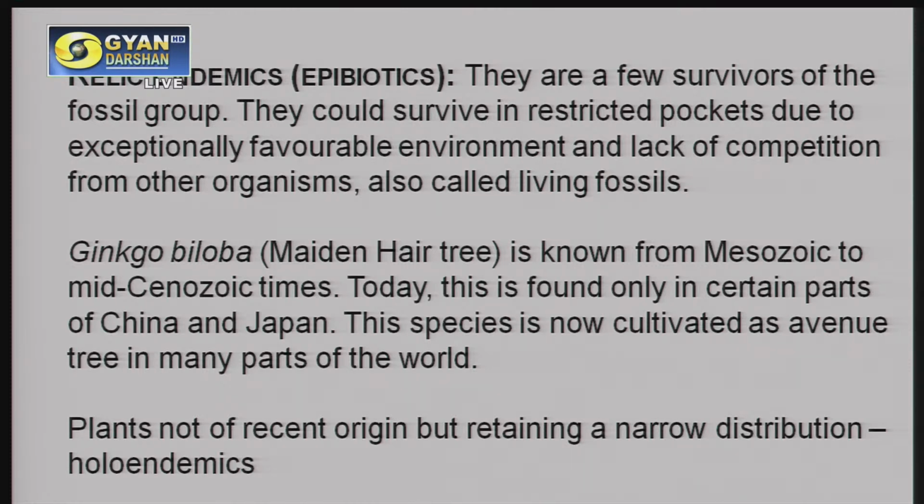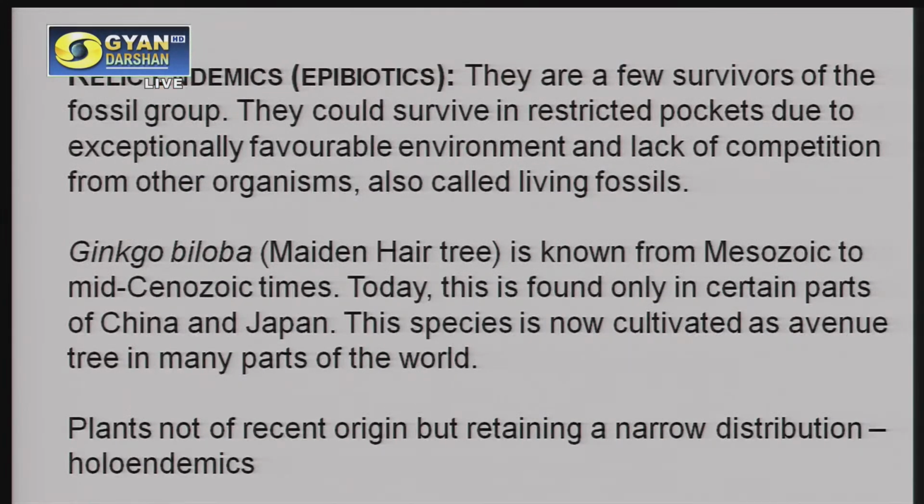This Ginkgo biloba is considered to be a relic endemic. Relic endemic means Ginkgo biloba is a plant which persisted from the Mesozoic to the Cenozoic times. That means if you consider the geological time scale, it belonged to a particular epoch or an era which is quite ancient. It is not recent.